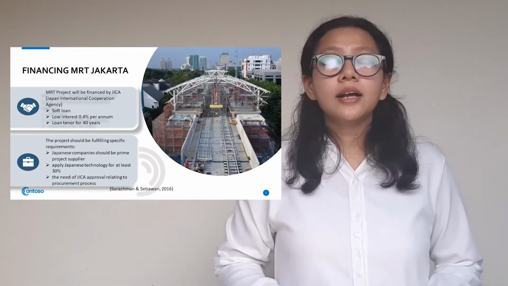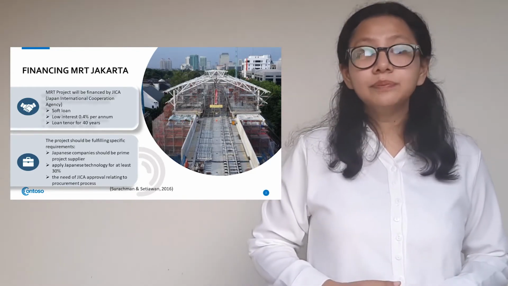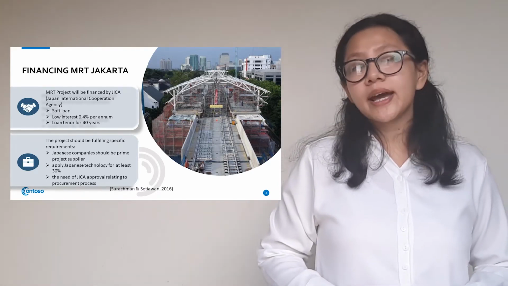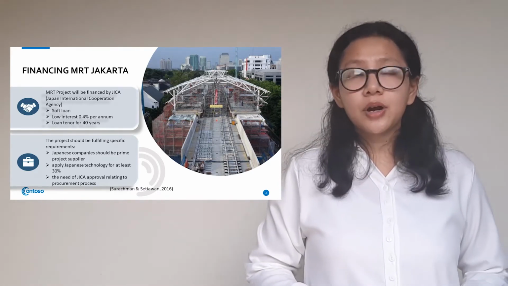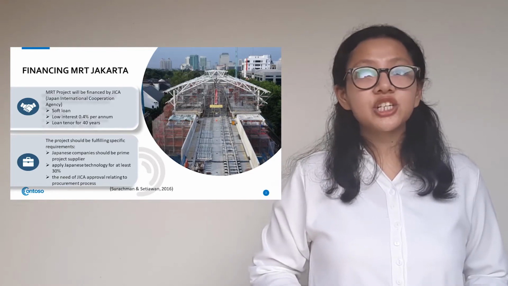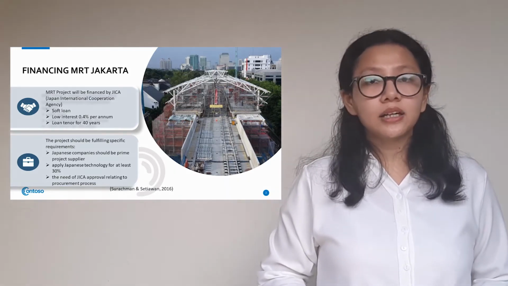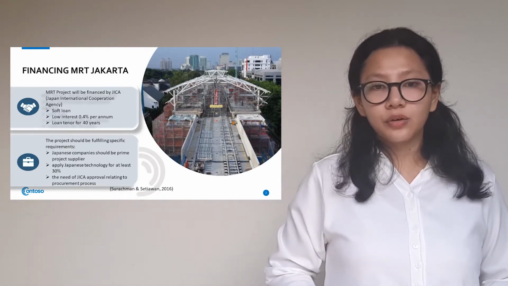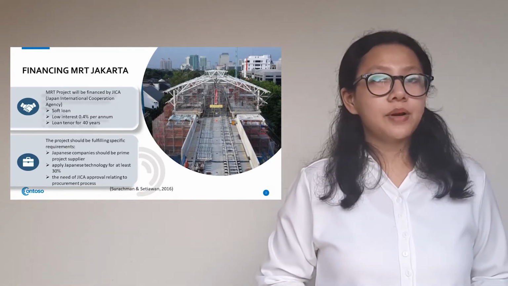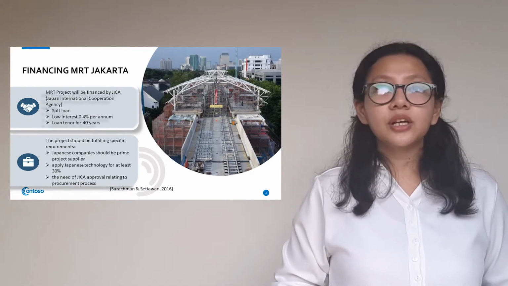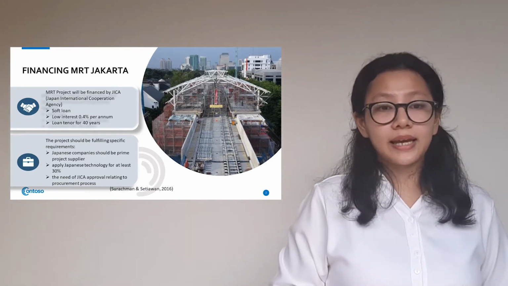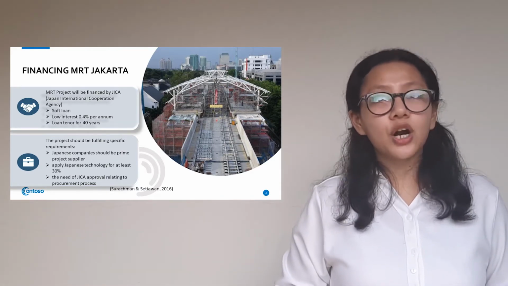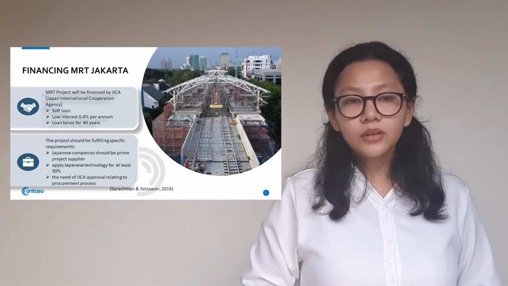Now, in the case of MRT Jakarta, according to Special Assistance for Project Implementation or SAPI Jakarta, the MRT project will be financed by JICA, or Japan International Cooperation Agency, which offers a soft loan for building Jakarta MRT infrastructure with a low interest of 0.4% and a loan tenure of up to 40 years.